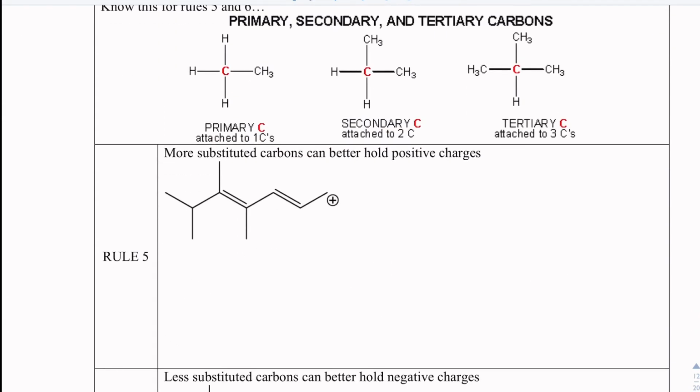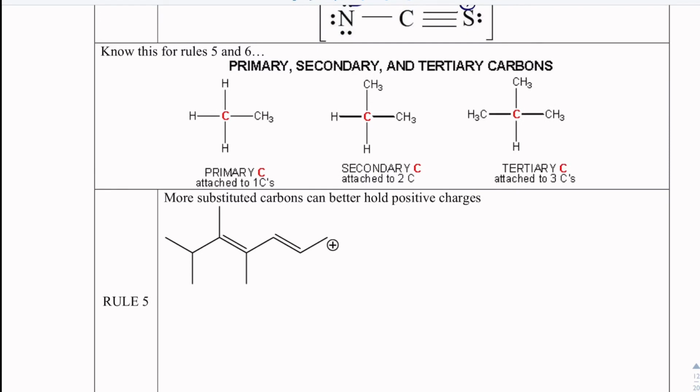Now, more substituted carbons can better hold positive charges. So we need to be able to know the difference between primary, secondary, and tertiary. So if we have something like this versus this versus this, this is secondary, primary, tertiary.